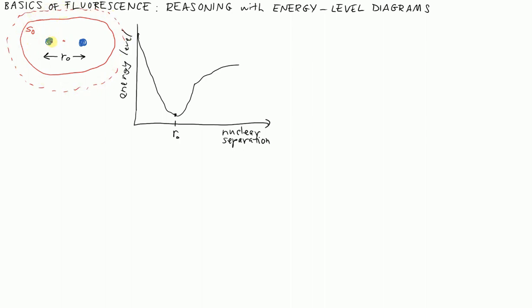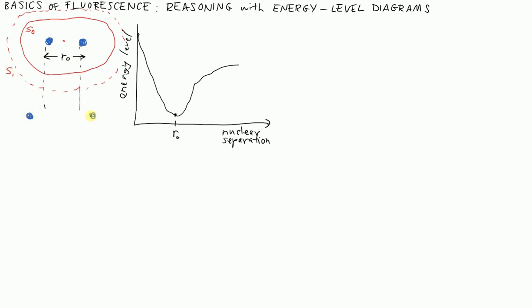And now that the two nuclei are not going to be screened from each other as much, there's not as much negative charge in this region in the middle. So there's a repulsion that happens. And if we sort of just drop this separation here down and preserve that R0 separation, there's, for this S1 state, this excited singlet state, a new equilibrium separation between these two nuclei, the one on the left and the one on the right.